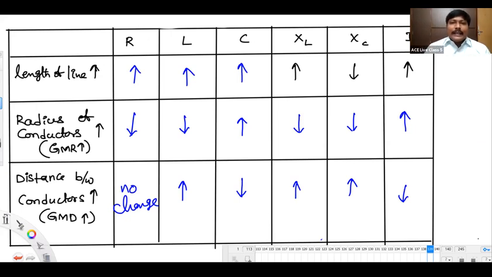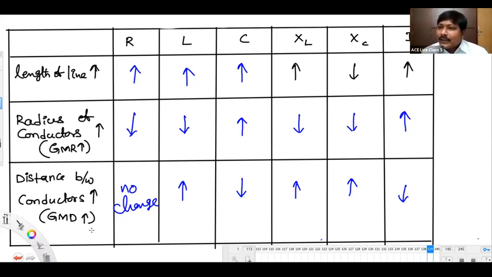Yes. See, when we are capable to make these variations in the length, radius, and distance, at what stage? Is it at designing or operating? Only at the designing stage you can make these variations.